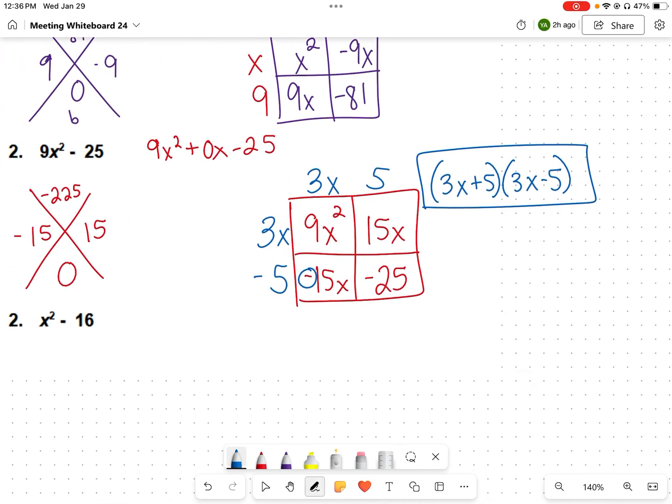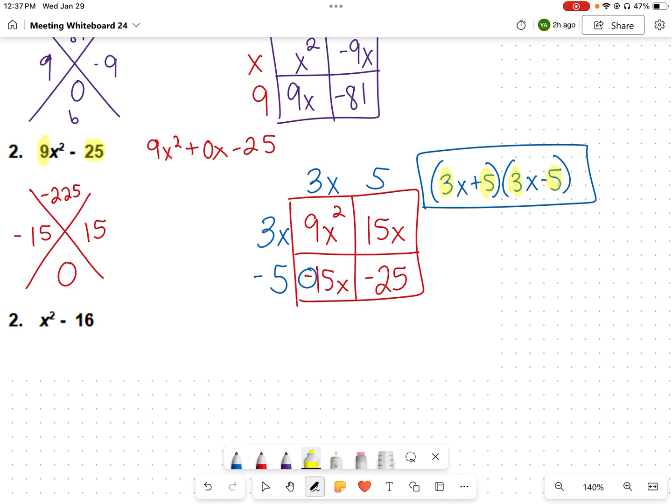Are you seeing any kind of relationship between our answer and the question that we had? Perfect squares is your hint there. 9 is a perfect square. The square root of 9 is 3. 25, square root of 25 is 5.